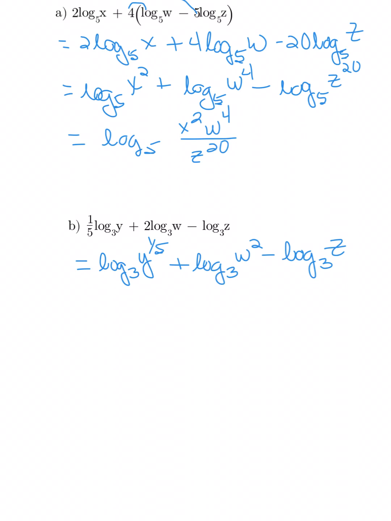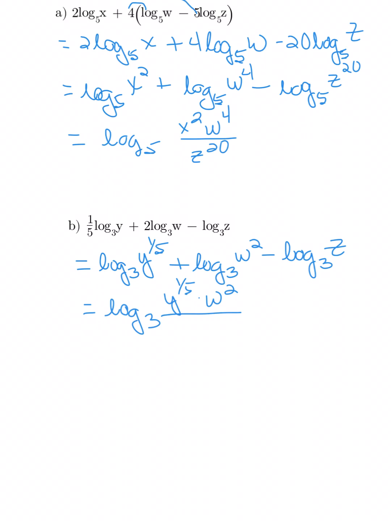Anything that has been added as a separate logarithm becomes multiplication. So we have a single logarithm now where we have y to the 1/5 times w squared. And any logarithms that have been subtracted, the argument is divided.